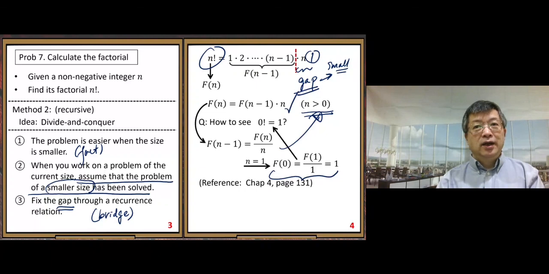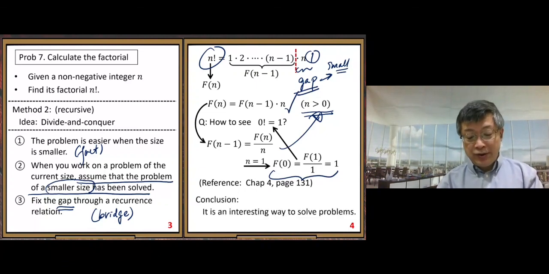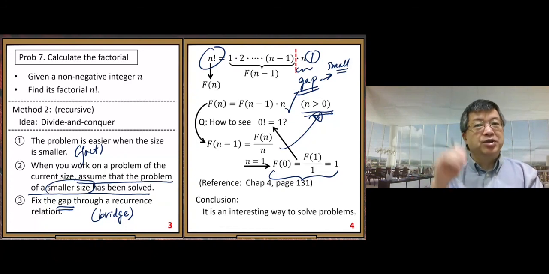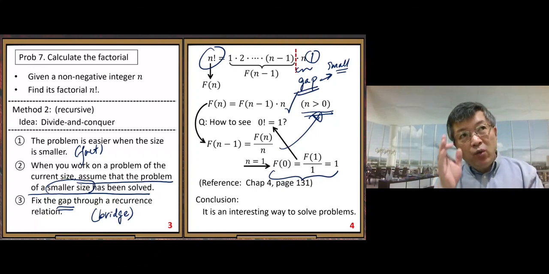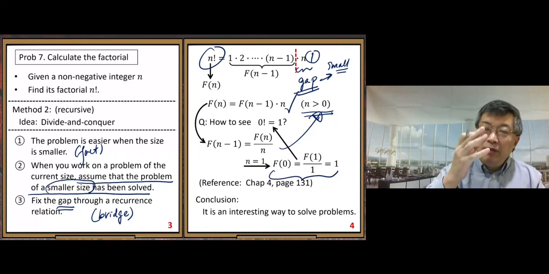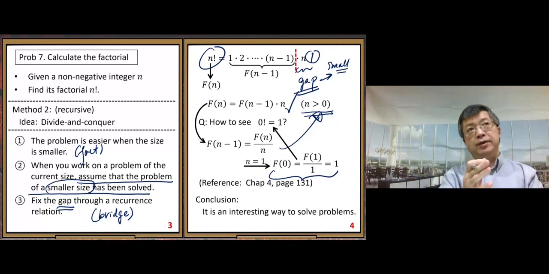All right, conclusion. Now we get to our conclusion. It is an interesting way to solve problems. Divide and conquer, recurrence relation, it is an interesting way to solve the problem. It is completely different from our iterative method, completely different.